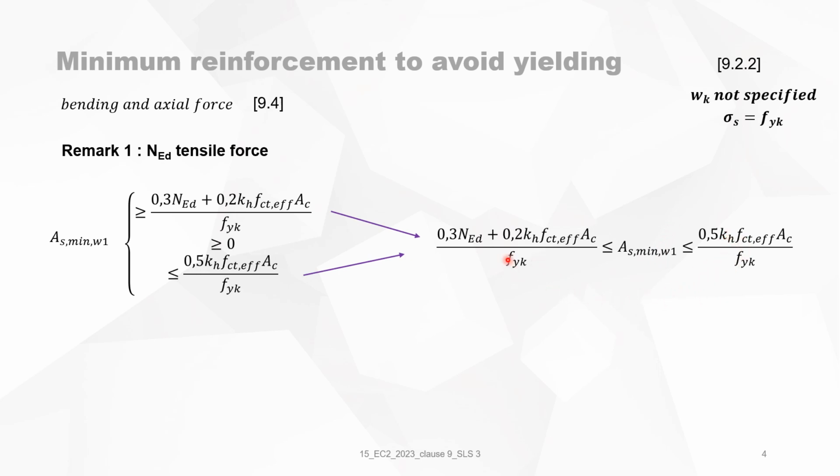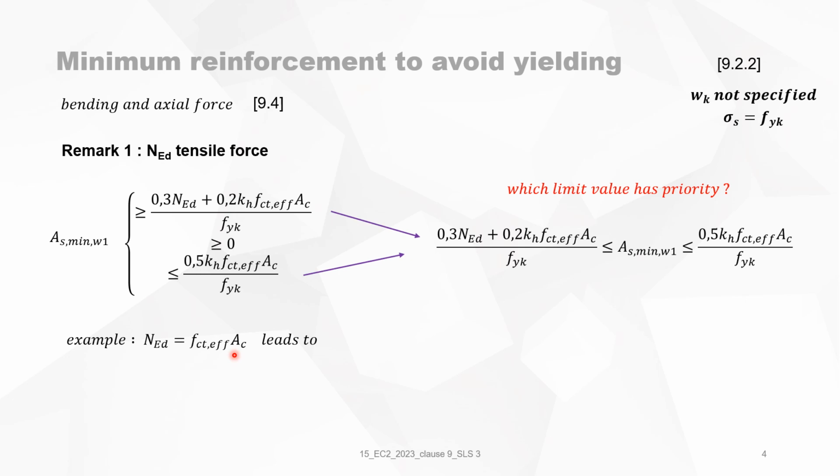But which limit now has the priority? I will give you an example. Suppose that the tensile force is equal to fct,eff times the cross section of the concrete. This is not far-fetched.